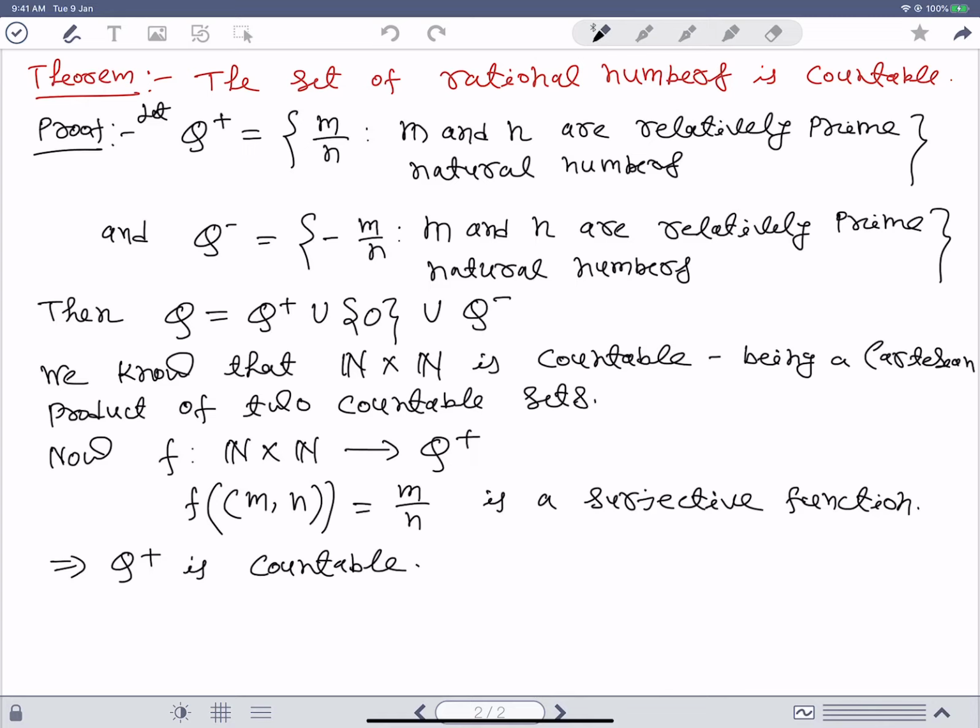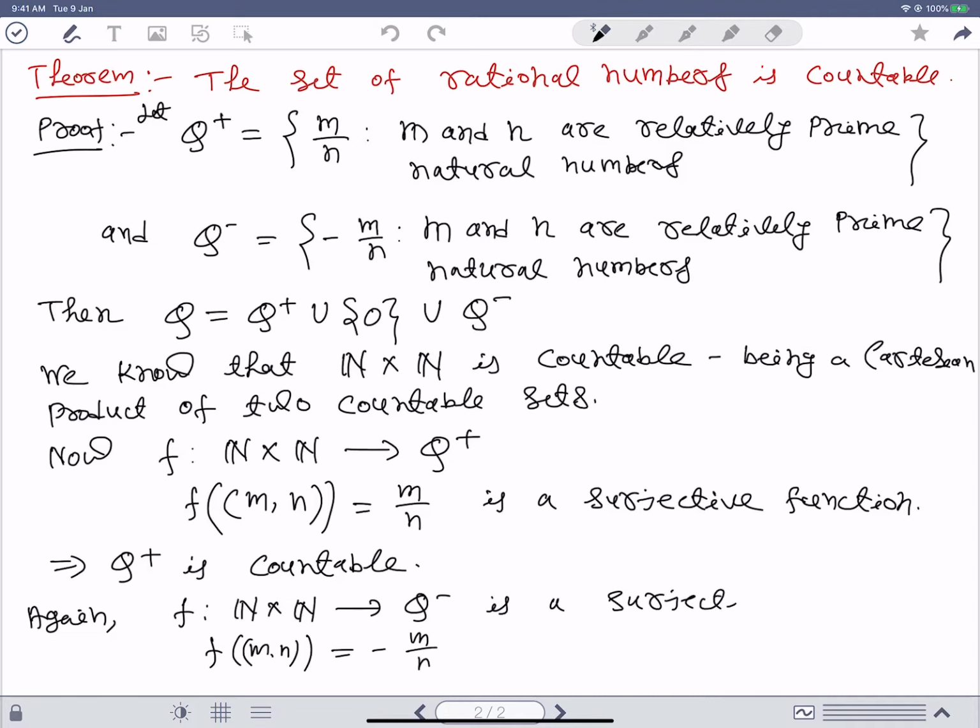Again, if we define f from N cross N to Q minus defined by f of (m, n) equal to minus m by n, then this function is a surjective function, right?